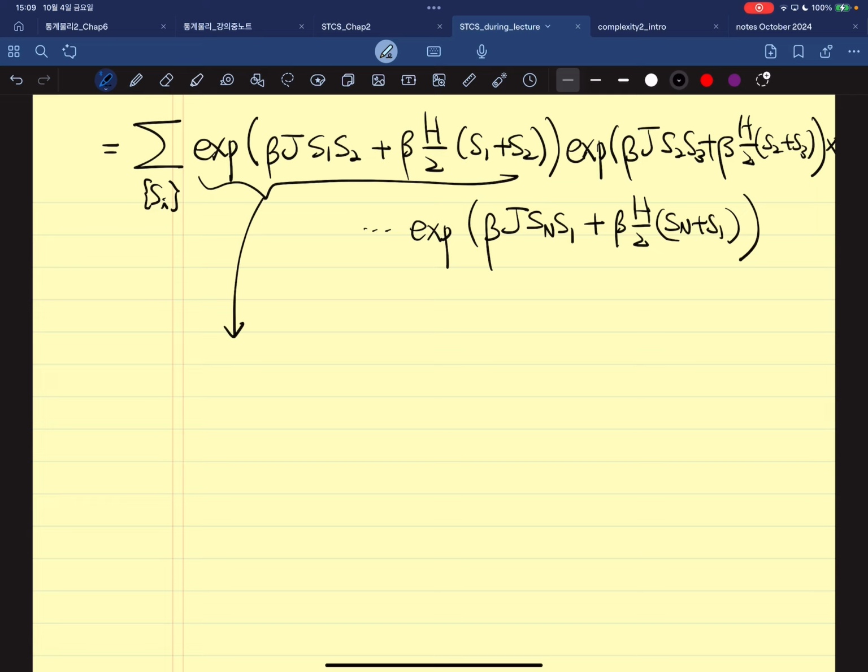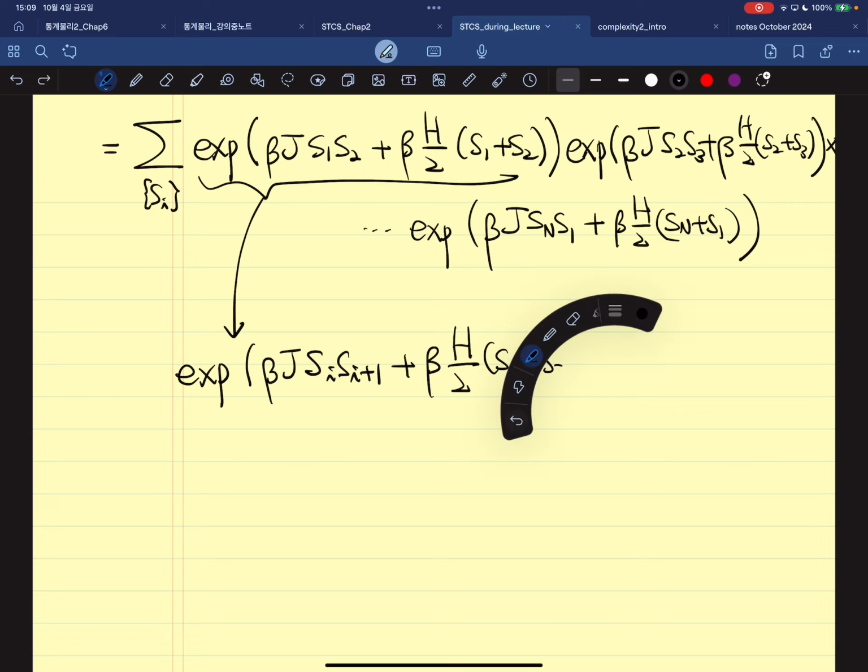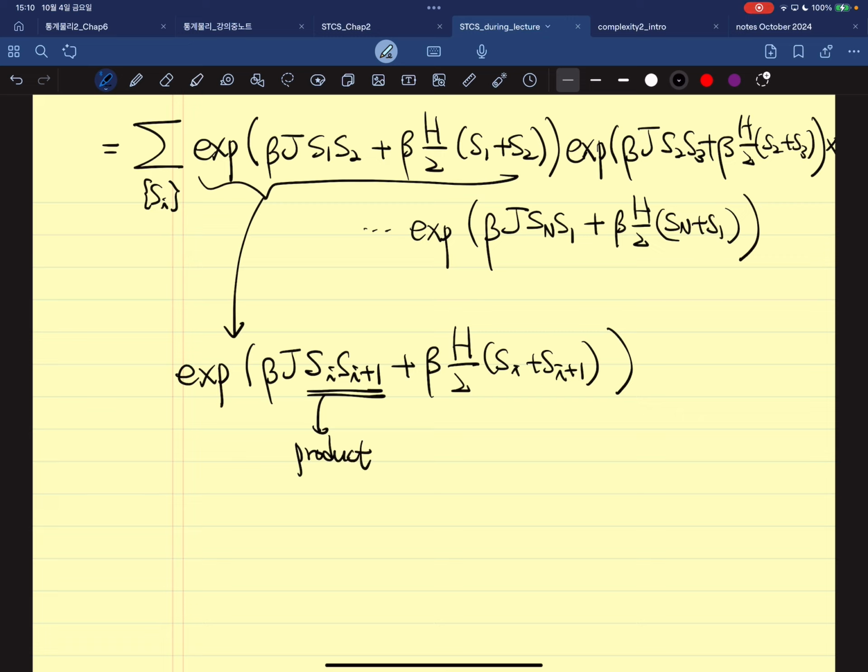So this term, in general, we can treat as an exponential of beta J si si plus 1 plus beta h times the sum of si and si plus 1.